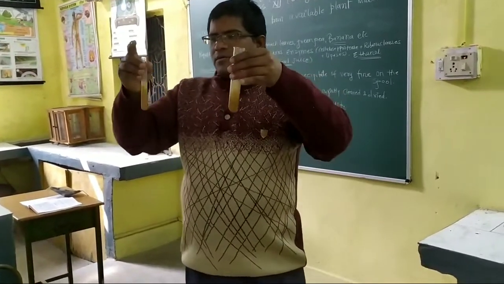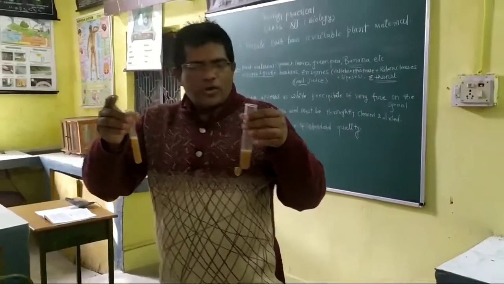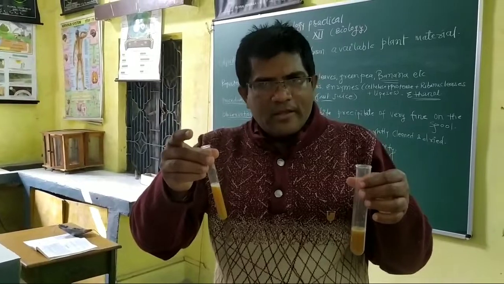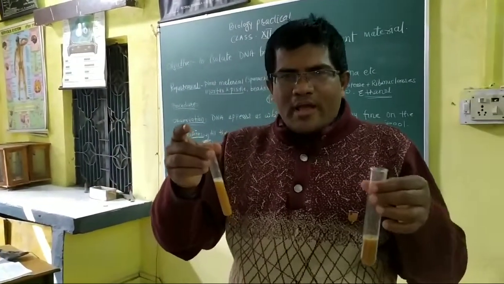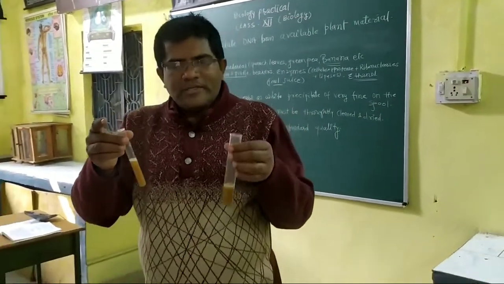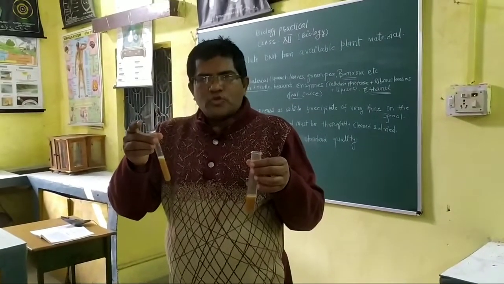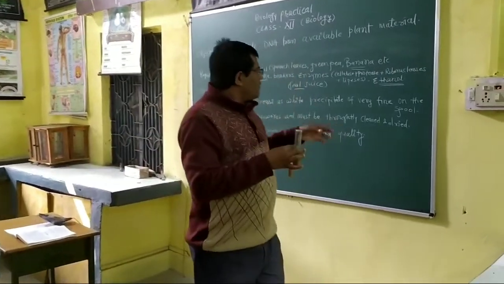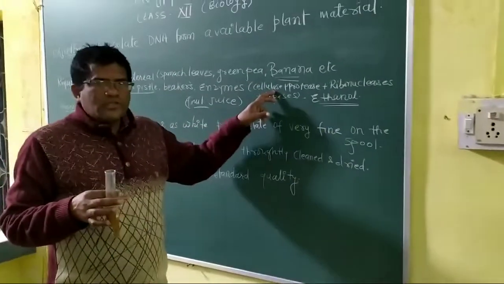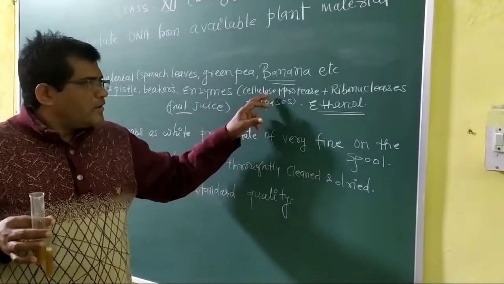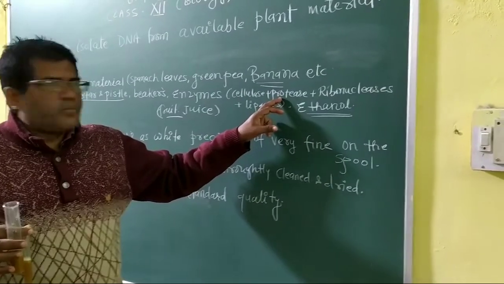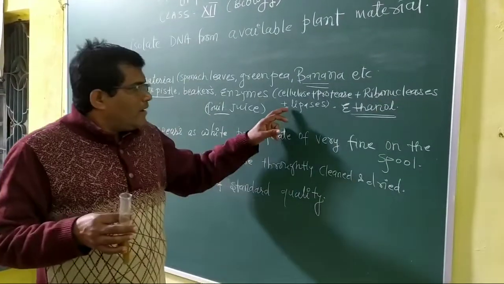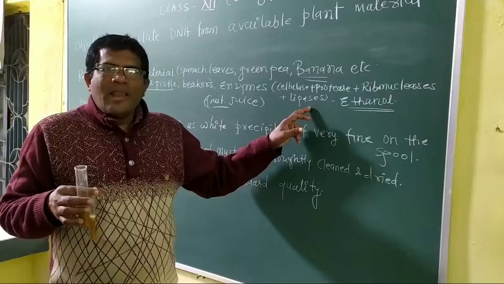After mixing the fruit juice along with the banana juice, we have to keep it for 2 to 5 minutes for complete digestion of the cell, because the cell wall component will be digested by the action of enzymes. Cellulase will digest the carbohydrate, proteases will digest the protein, ribonucleases will digest the RNA, and lipids are digested by the lipases.